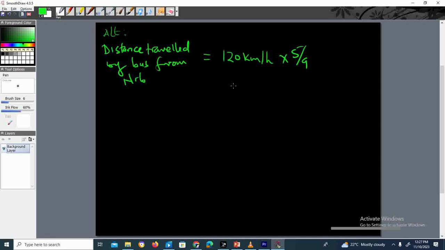They both took 5/9 hours, and this is going to give us 5/9 multiplied by 120. This is going to give us 66.67 kilometers.